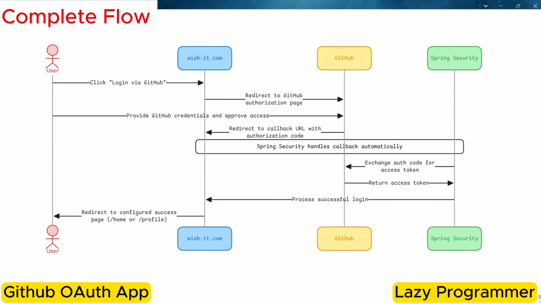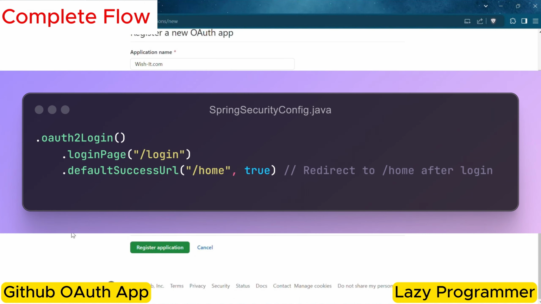Wishit.com then exchanges the authorization code using its client ID and secret for an access token from GitHub. After successful OAuth2 login and token exchange, Spring Security will redirect us to the page defined in our security configuration for successful login. It can be /home or /profile, whatever we have configured.